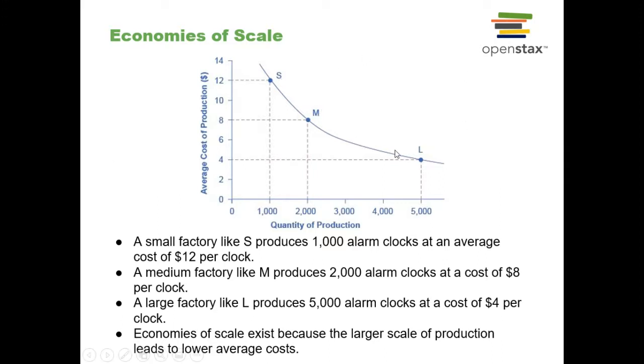Larger companies, your Walmarts, your Targets, your big companies, can benefit from economies of scale. Economies of scale mean, generally speaking, your average costs of production are falling as you produce more. So the larger the firm, the lower costs they can get because they can take advantage of these economies, just like we talked about, more division of labor.